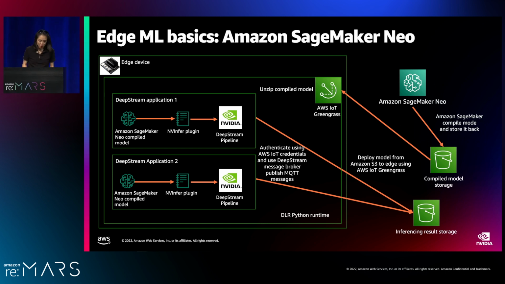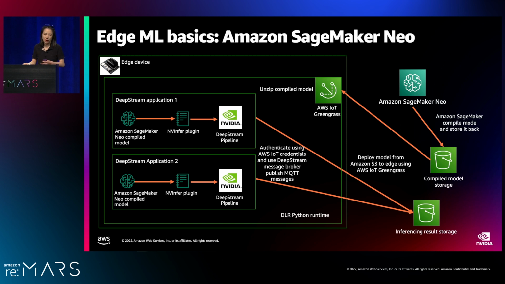Thanks, Ryan. So now we are down to the implementation level of how to actually implement these compiled models to your edge device. This is the first strategy that you're seeing. You basically directly take your Neo compiled model and then use AWS Greengrass to download that model to your edge device. And then use a DeepStream application to load that model into the NVInfer plugin, and that plugin integrates well with our Neo compiled model.